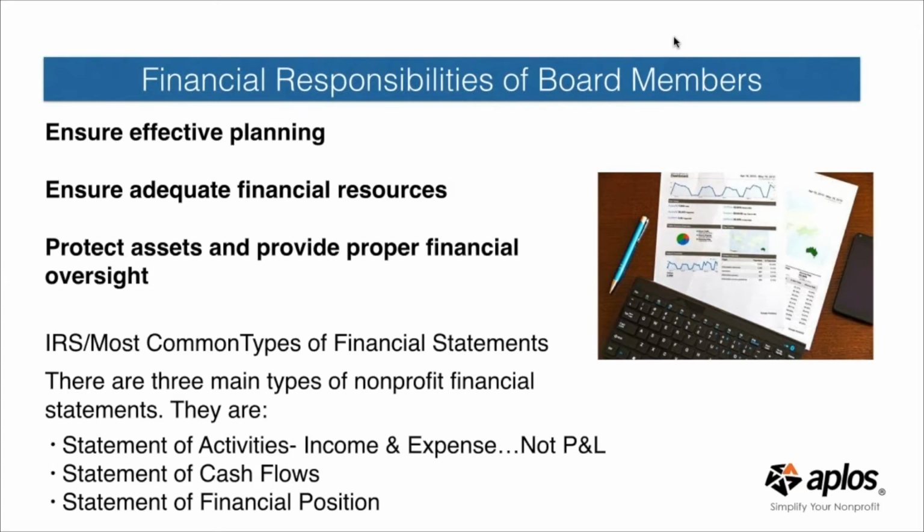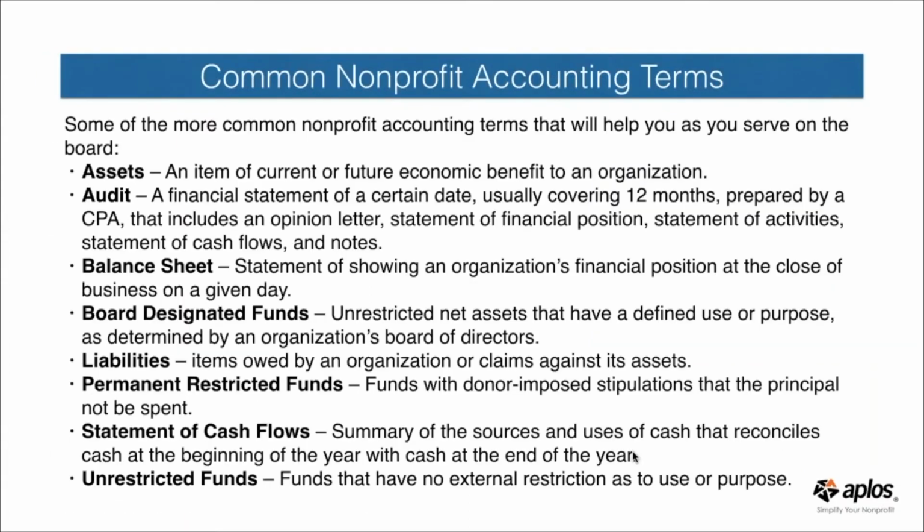In other words, with nonprofits, you're getting income and spending money, but you also have donations and designated funds that you are putting into action, and sometimes that takes time. So these are three reports that I really want to encourage you to think about, and we're going to look at some of these in more detail in the next few minutes.